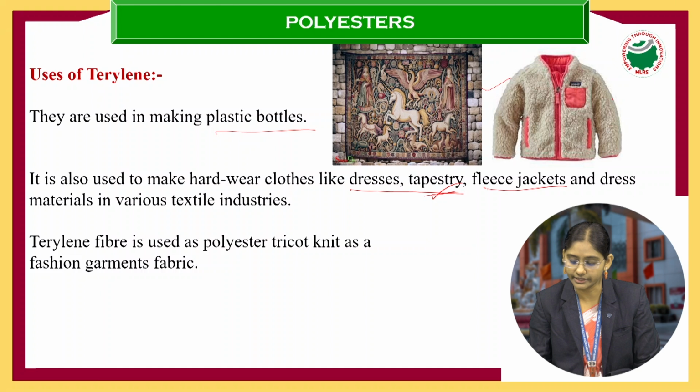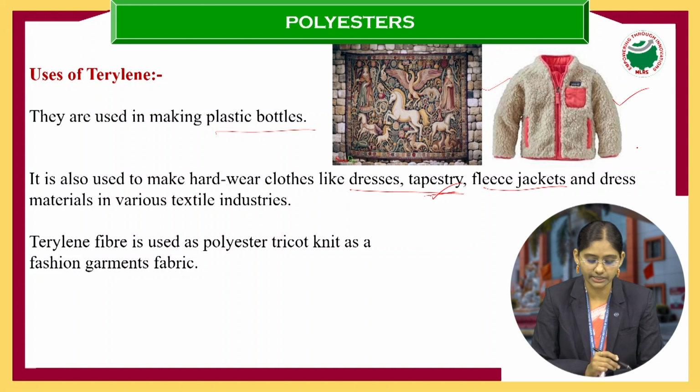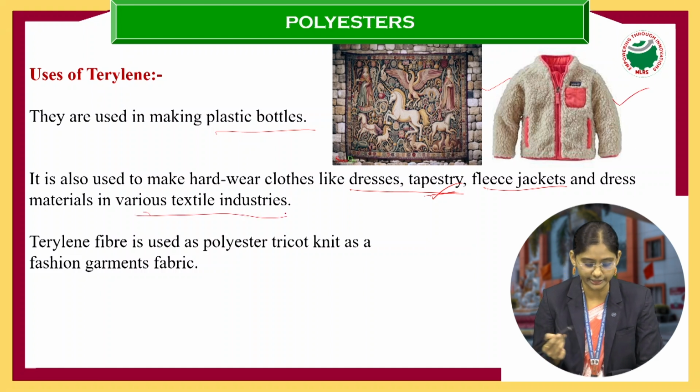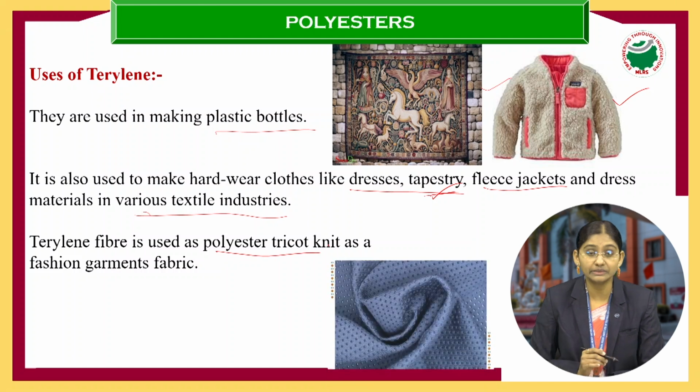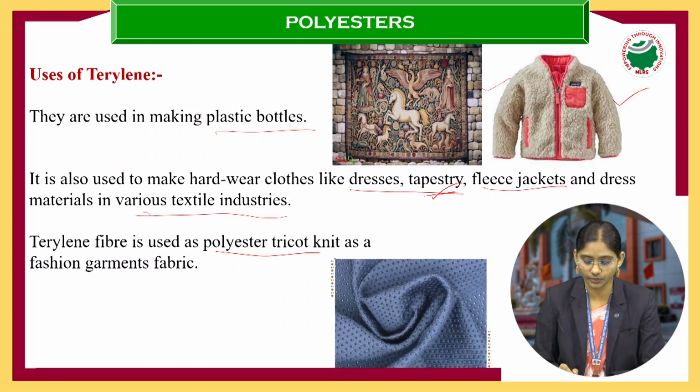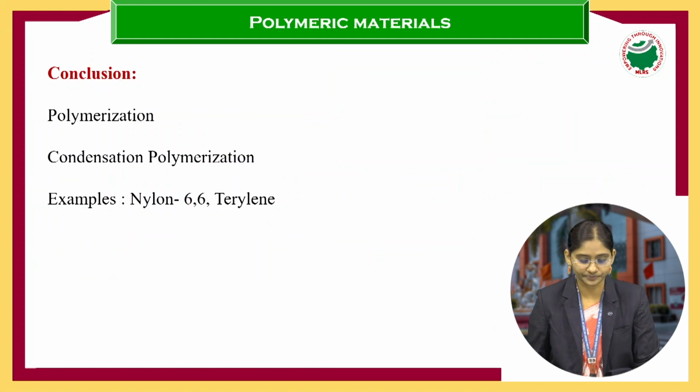And then fleece jackets, and dress materials in various textile industries. And this fiber is used in the preparation of polyester tricot knitted garment. Knitted garment means small holes will be present, which is called a polyester knit, as a fashion garment fabric.